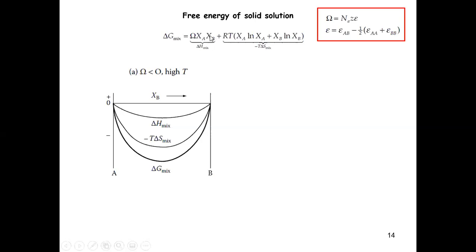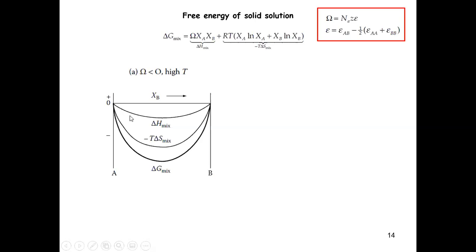Parabolic, right? Because it's a very simple quadratic function. You can write down xa equals 1 minus xb, and then you see that this is a very simple quadratic term. So this is parabolic, and you can very easily show that the minimum of the delta H mix is at xa equals xb equals 0.5, right? This is very easy to show because you have a parabola here. So that's delta H mix, right?